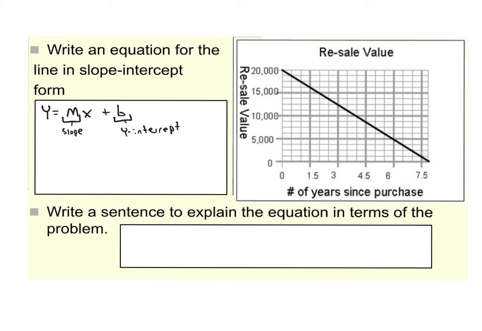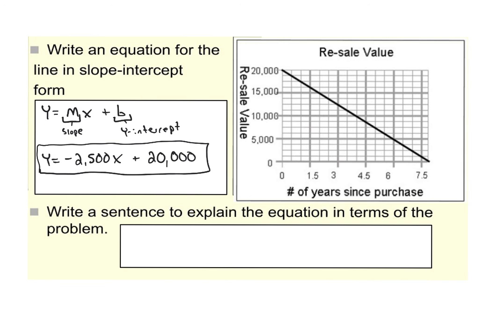So for this graph, y equals, our slope was negative 2,500, x plus our y-intercept. And that y-intercept was 20,000. And that is our equation.